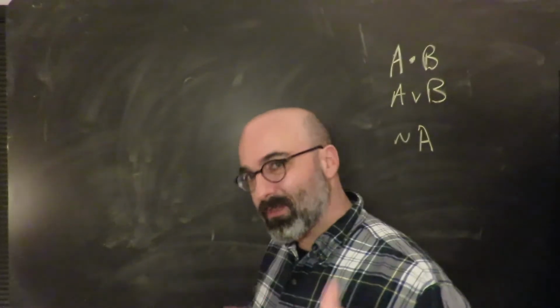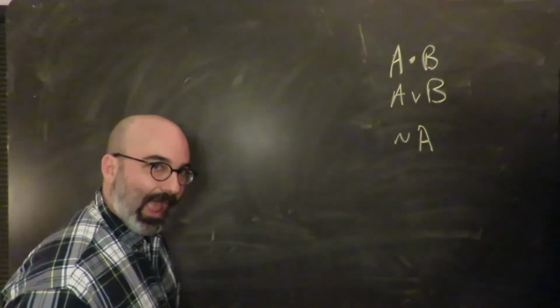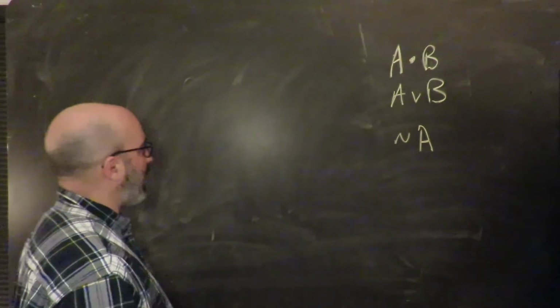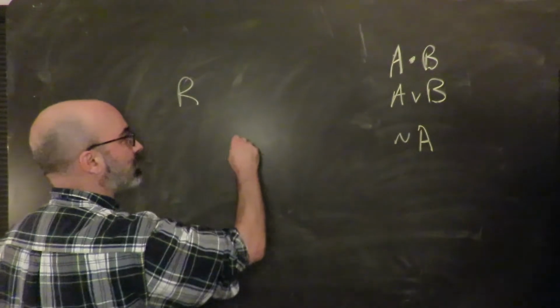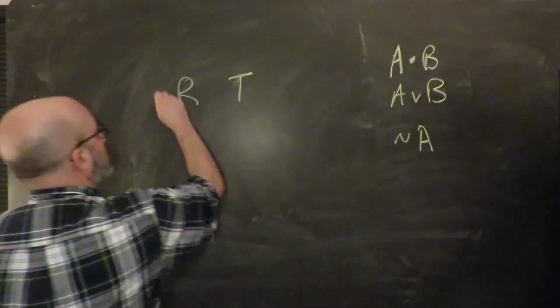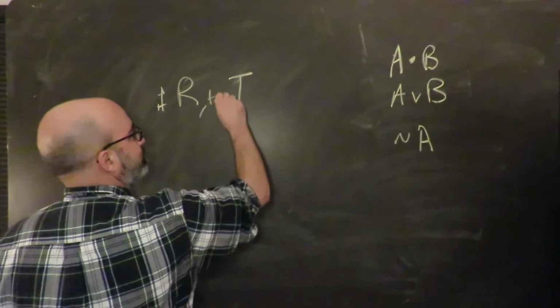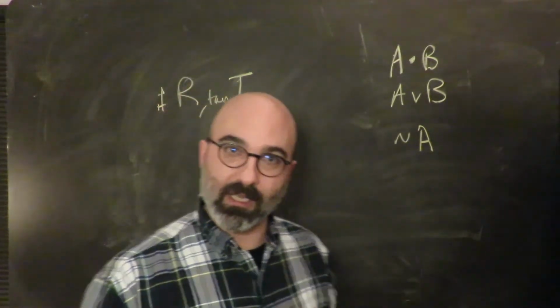So let's start with the claim. Let's imagine that we're sitting at a light, and I say to you, if you run that light, you're going to get a ticket. So I'm saying, if you run the light, then you'll get a ticket.